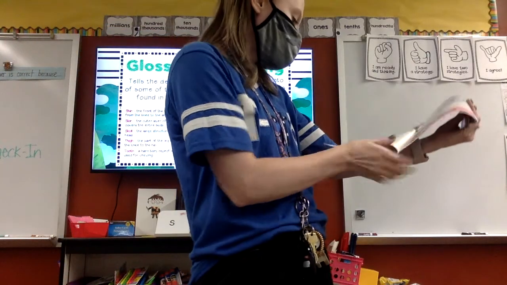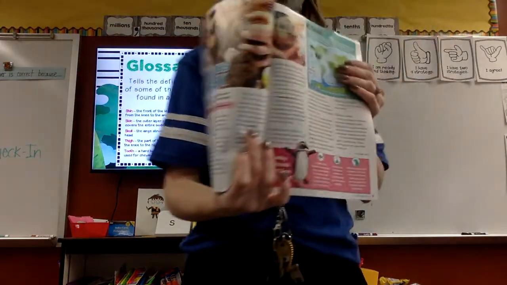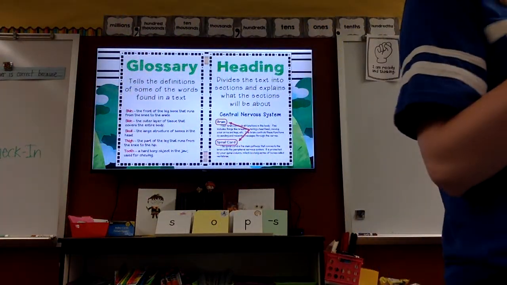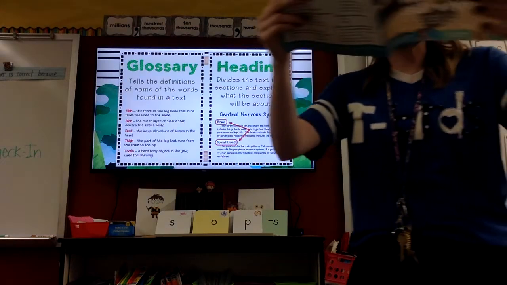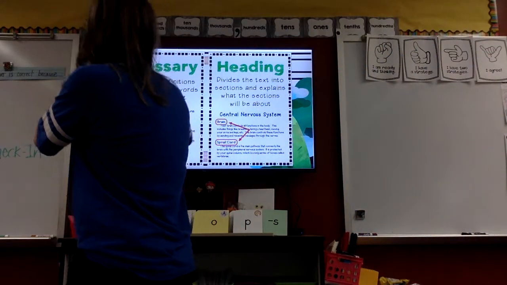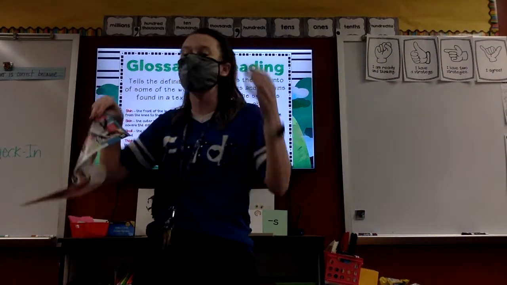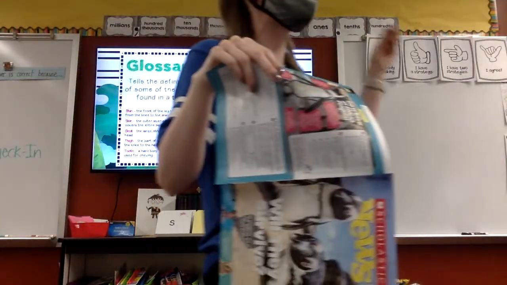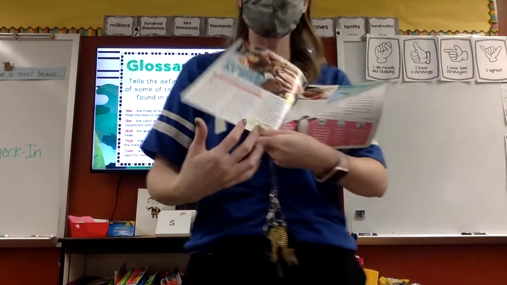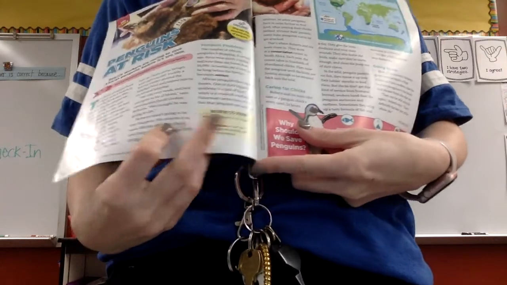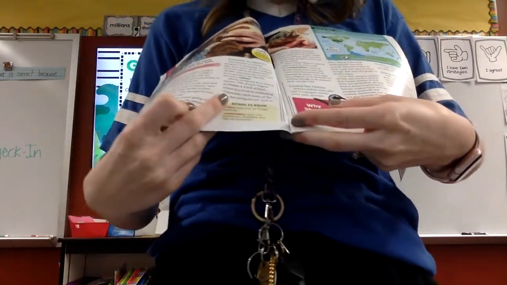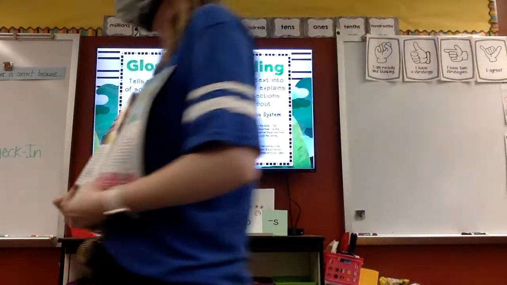So, right here, this word is extinct, and it's in a big, black, bold font. If I look somewhere on this page, there is going to be a glossary that tells me the meaning of those big, black font words. And if you look at the bottom of your article, it says words to know. And there it is, extinct, and it tells me the meaning.